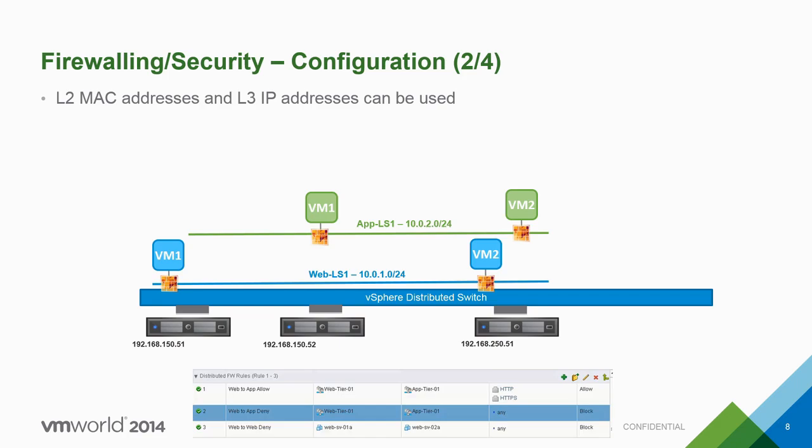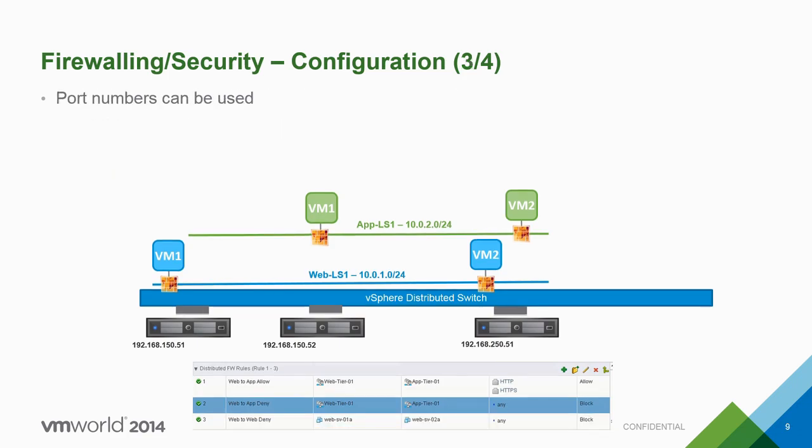So you can say, like in this example, the web tier can do HTTP, HTTPS to the app tier. So you don't use IP addresses, you don't use subnets, you use that container. But you could also use VM names. You could use any vCenter object to build your rules. So that's for ease of use.